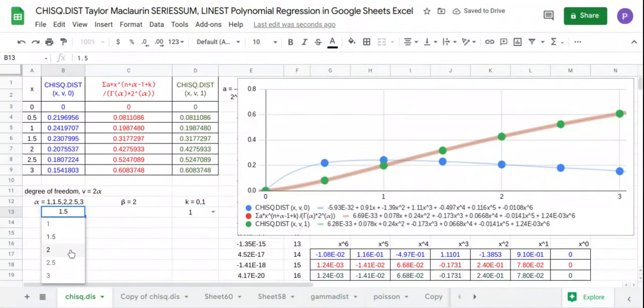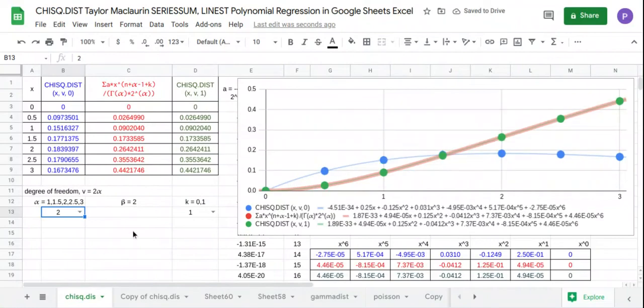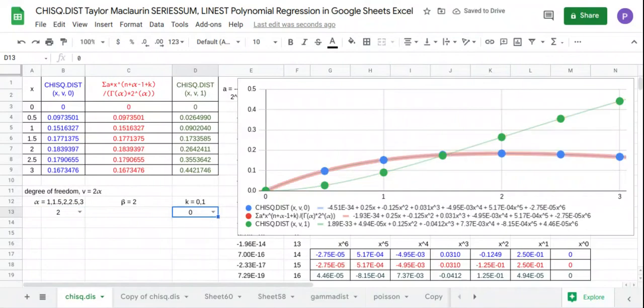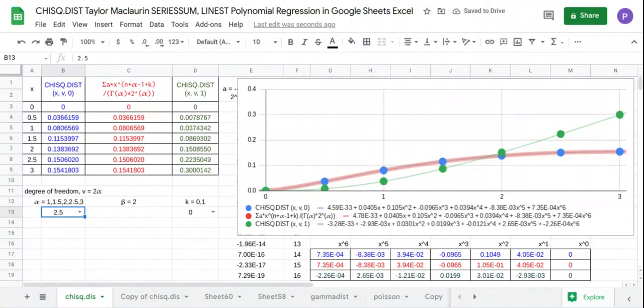Alpha equals 2, and we can toggle this. Alpha equals 2.5, and we toggle this.